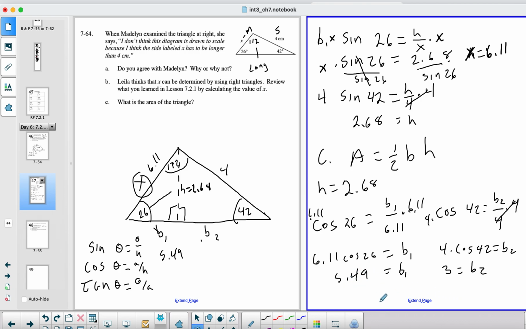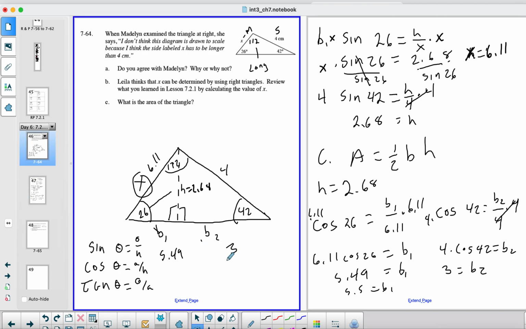If I were to round that to 5.5, if we combine both of those together, this whole side equals 8.5.